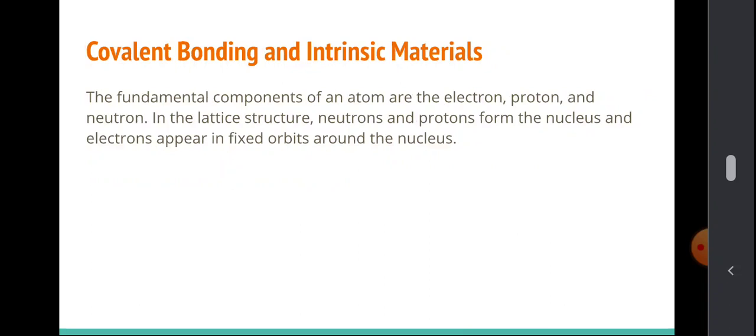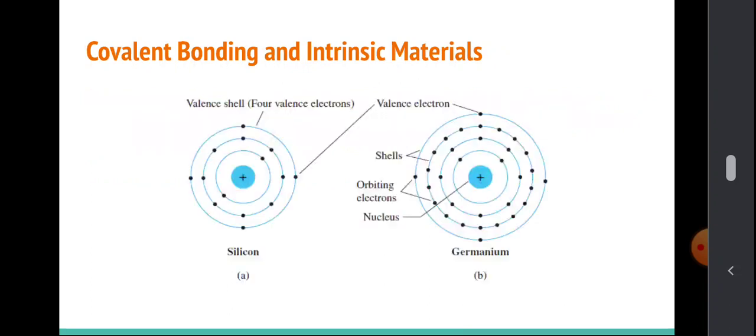Okay, so covalent bonding and intrinsic materials. The fundamental components of an atom are the electron, proton, and neutron. In the lattice structure, neutrons and protons form the nucleus and electrons appear in fixed orbits around the nucleus.